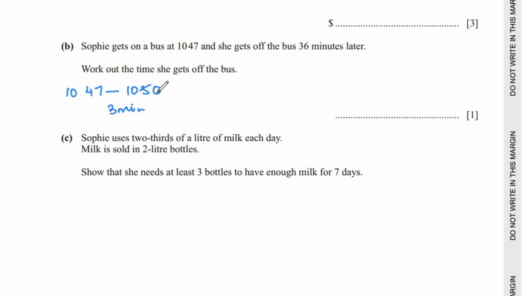Then subtracting 3 minutes from 36, we're left with 33 minutes. If we add 10 minutes to 10:50, that's 11:00. That's 10 minutes, so now we're left with 23 minutes. That's 11:23. So this is all the 36 minutes from 10:47. So 11:23 is our answer.